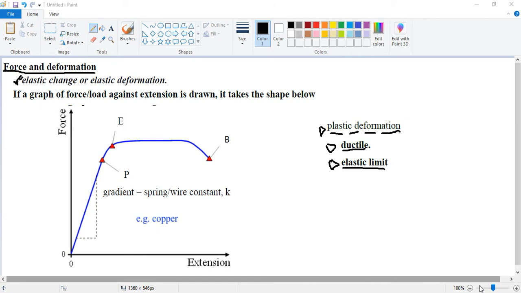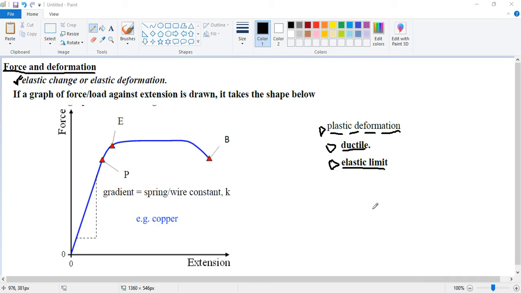However, if you put a very great load, a very big load, there is a possibility that when you remove the load, the material does not go back to its original shape, its original length. Therefore, we say the material has been plastically deformed.